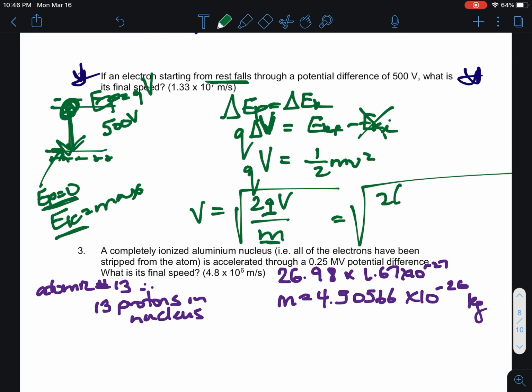So 2 times the charge of your electron times the potential difference, which is 500 volts, all over the mass of an electron. This is on your formula sheet. And we're going to punch this out.